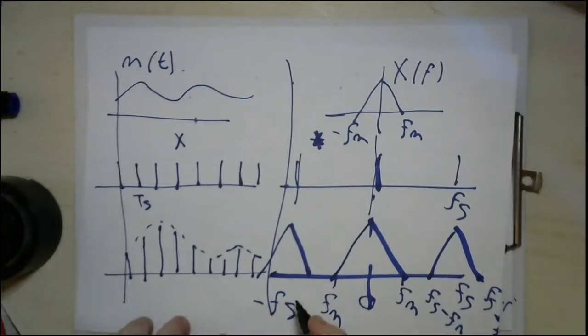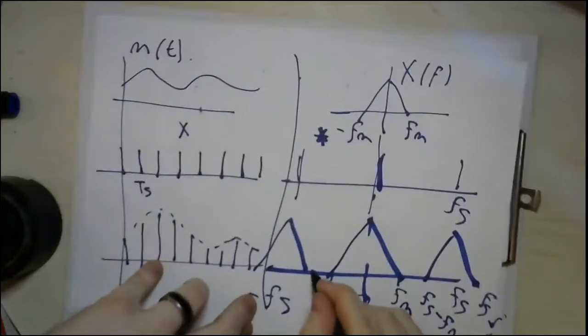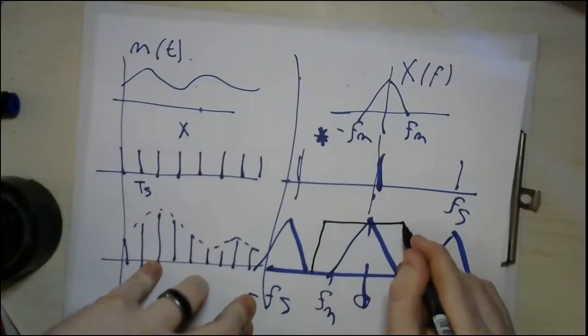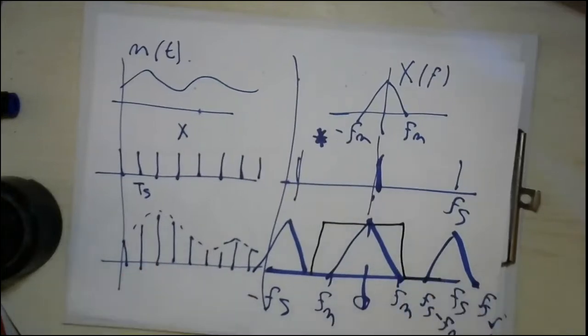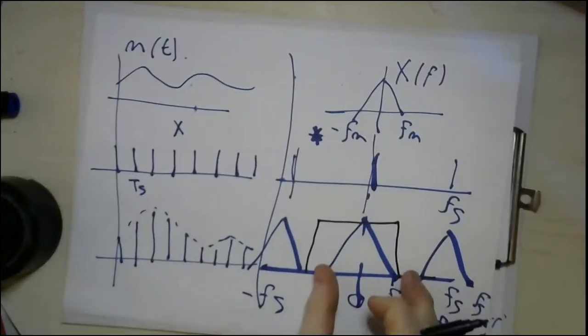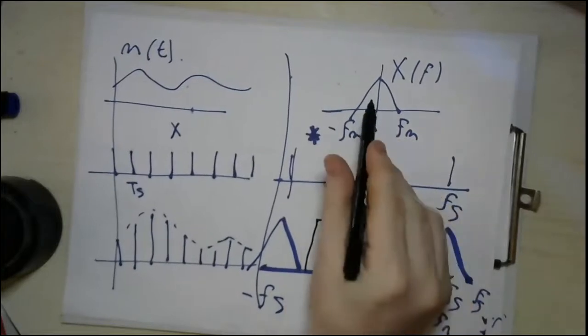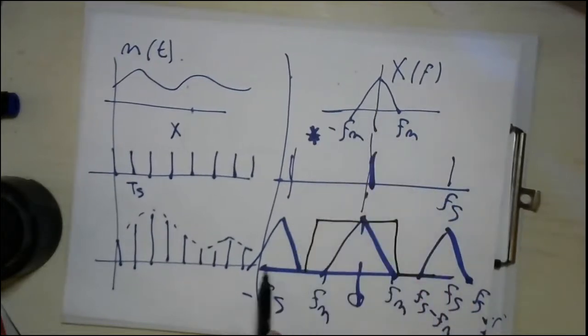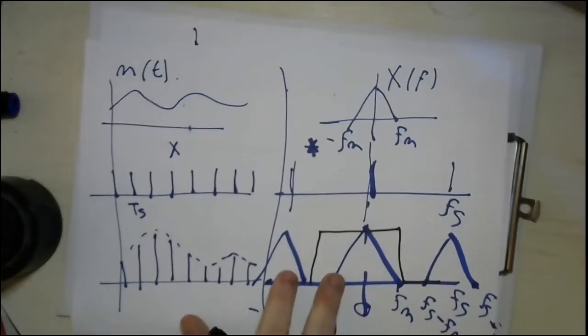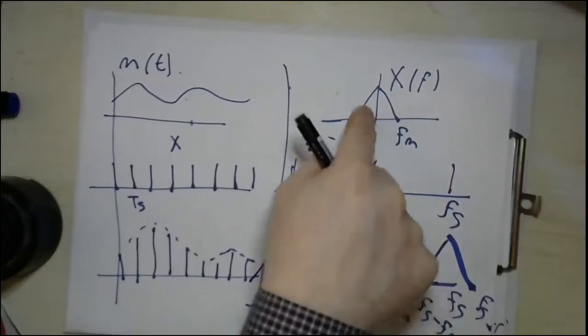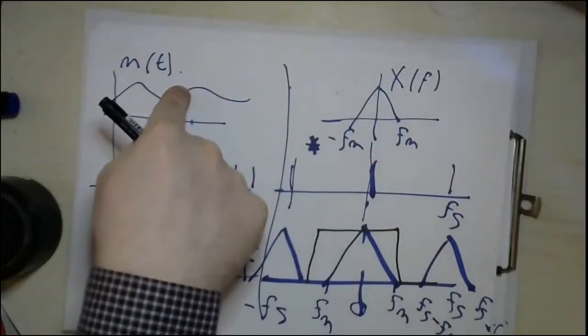So if I insert a low-pass filter with a frequency response like that, I will extract only the main triangle, which is the original signal, and I will kick out all other repetitions of the signal. So basically, you will return back to the original signal.